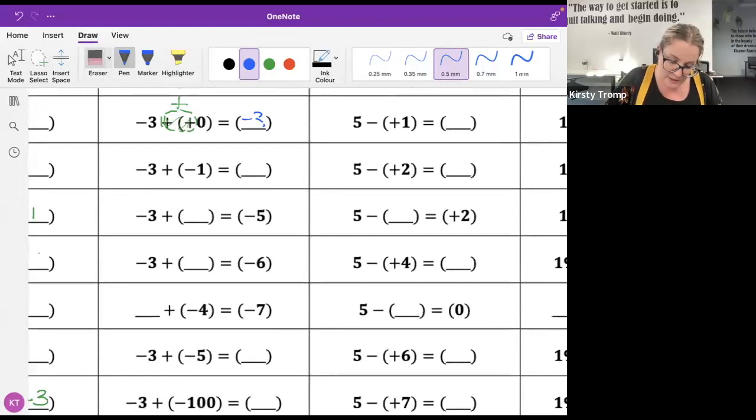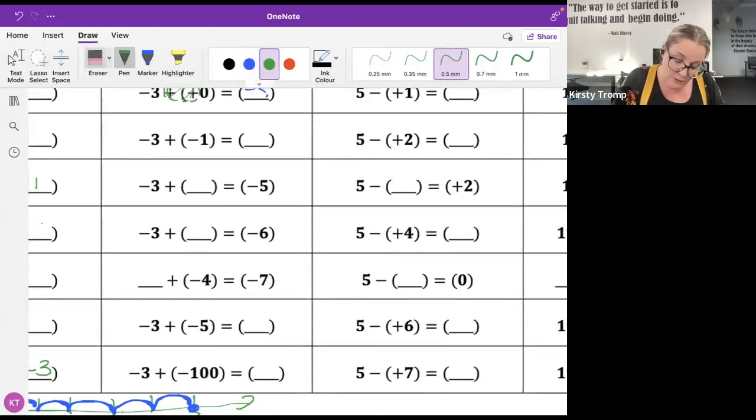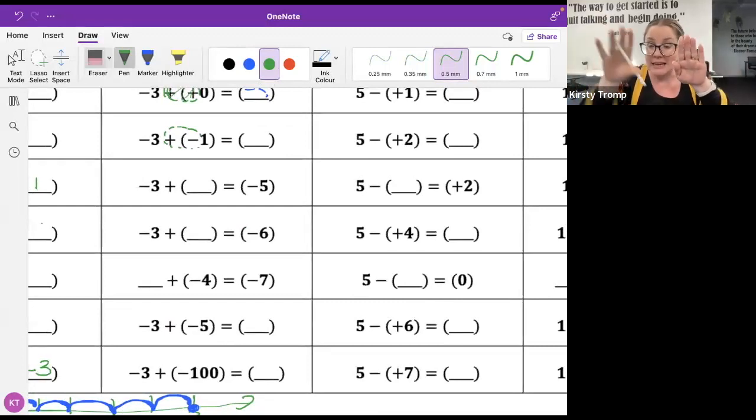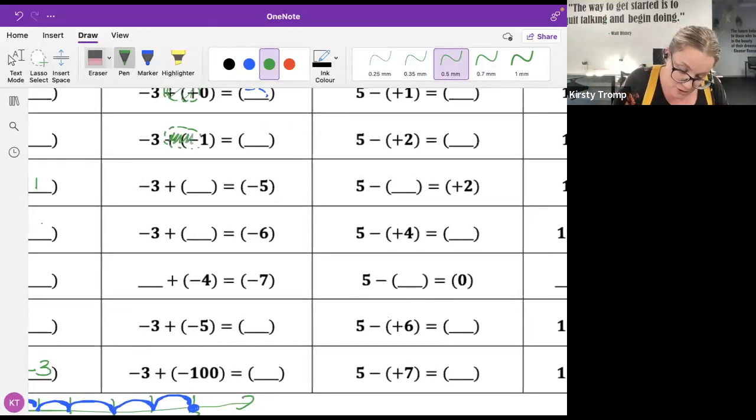So the last one you had to do by yourself, I put these 2 in a circle. I see now I've got a positive and a negative next to each other. When I have a positive sign and a negative sign next to each other, what happens? I cross them out because they're going to become negative.